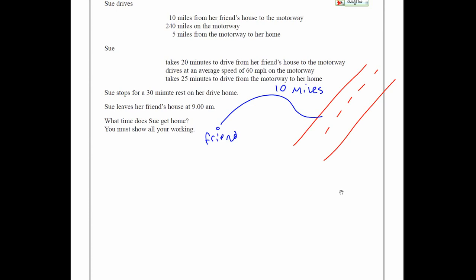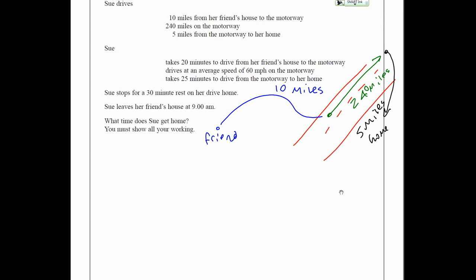Poor Sue. It's a long way to go. 240 miles. 5 miles from the motorway to her home. 5 miles. And this is home.